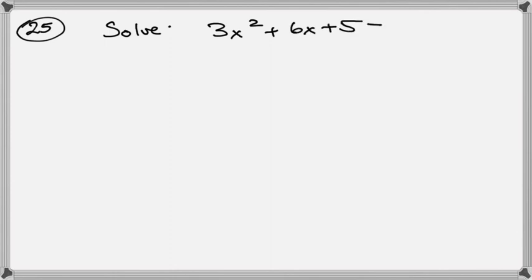The next one, number 25, is solve 3x squared plus 6x plus 5 equals 0. How would you want to solve this?